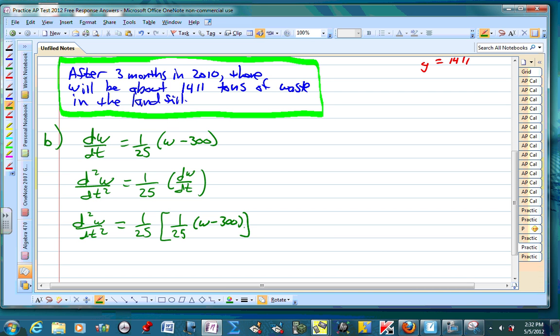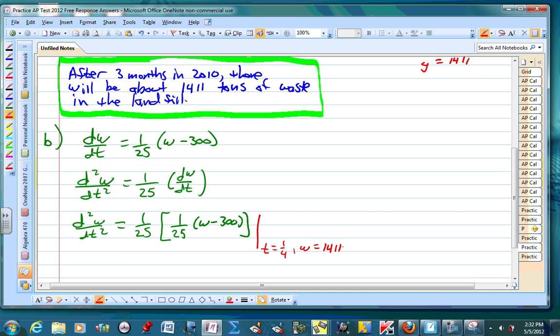Okay? Now, let's see. We evaluated this at t equals 1/4, and W was 1,411.